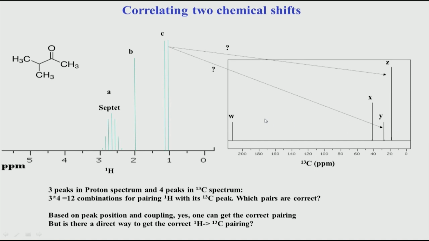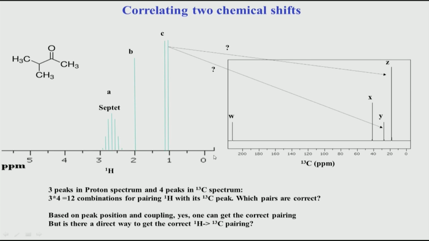So, there are basically 9 possible, but there are actually 4 peaks in the spectrum here. So, if you see, there are 4. Of course, logically you can say that this one is not attached to a proton, so you can ignore that combination. But if you take a brute force, mathematical approach, given 4 peaks here and 3 peaks here, I expect 12 combinations or 12 pairs.